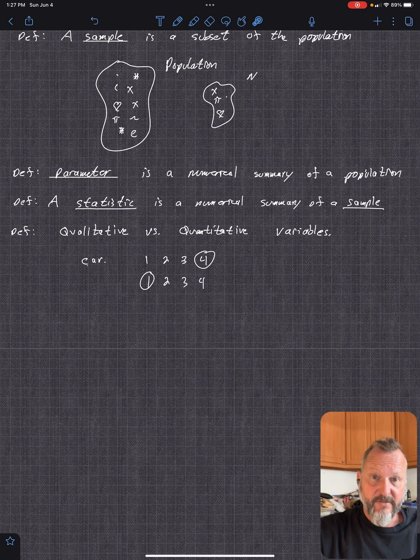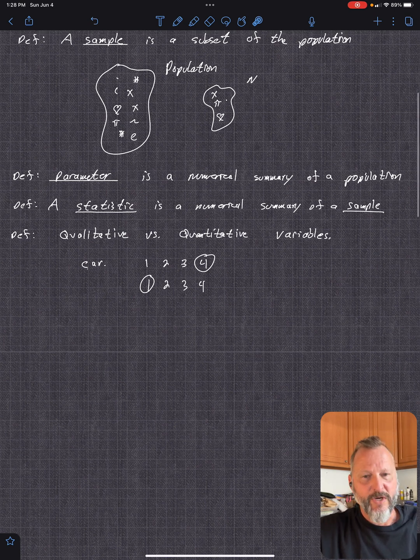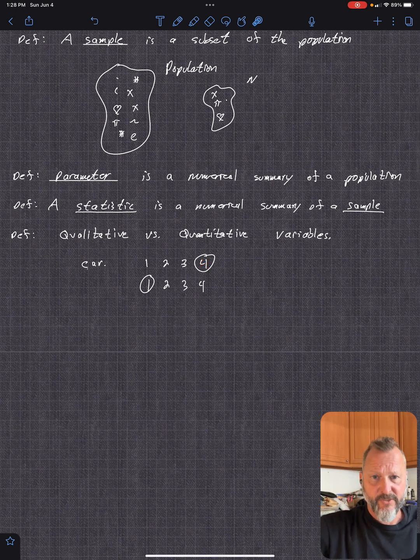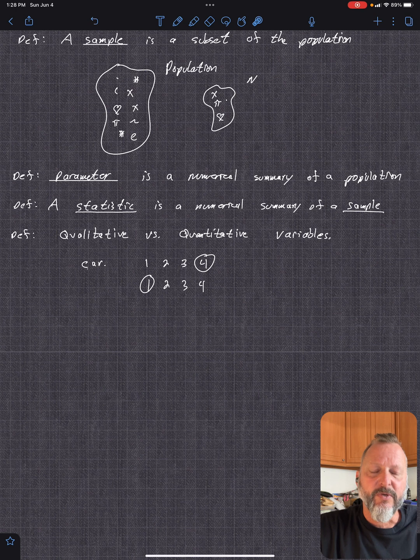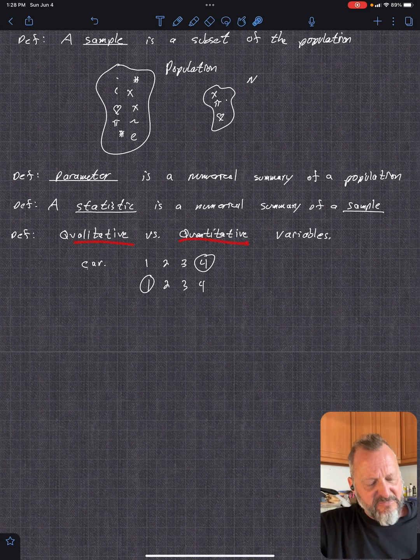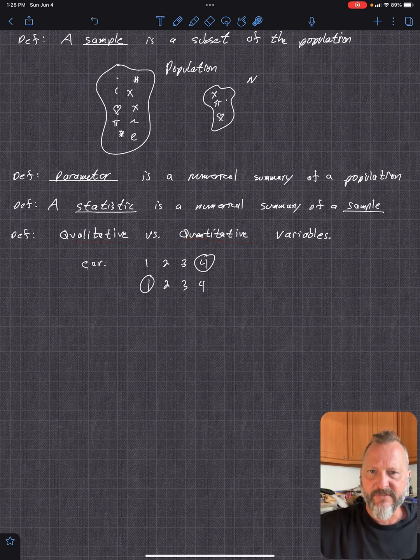But in this class, we convert everything to a number, so that variable is quantified. We'll ask how many 4s and how many 1s there were for the luxury of the car. So qualitative versus quantitative is not a big concern for this class. We always have to quantify, meaning make it into a number.